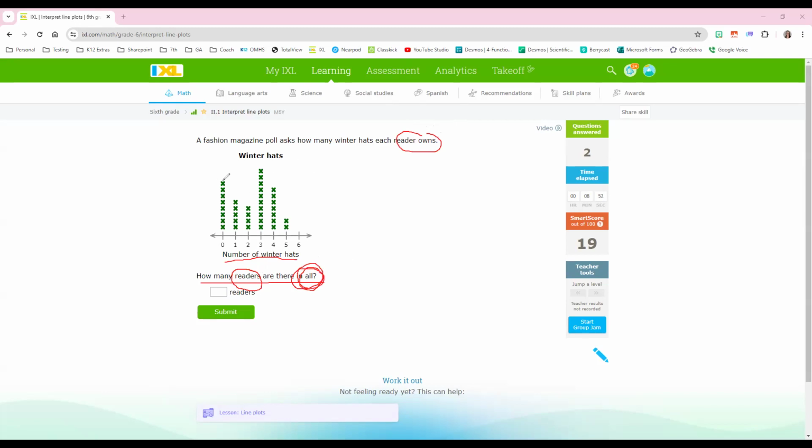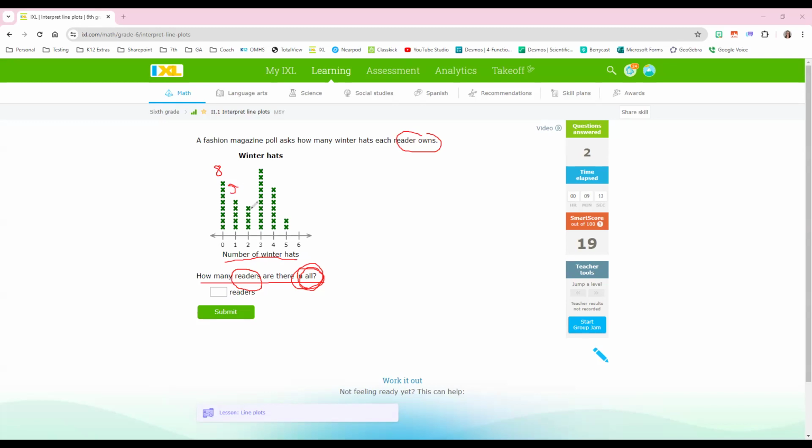So we're going to count up literally every single X we see here. For the readers that had 0 hats, we have 1, 2, 3, 4, 5, 6, 7, 8. Then for the readers that had 1 hat, 1, 2, 3, 4, 5.